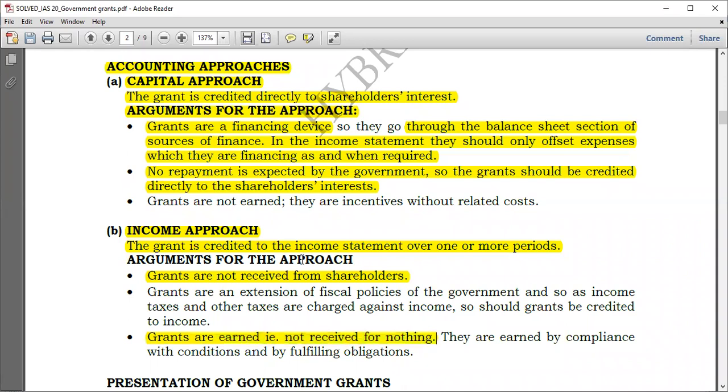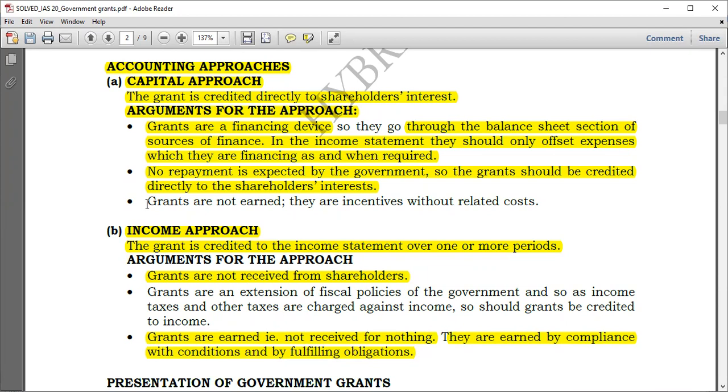Here it looks like you just received something and did not pay anything, right? But we are told that they are earned, not received for nothing. They are earned by compliance with conditions and by fulfilling the obligation. There are conditions you have to fulfill to have the grant. That's why if you fail to fulfill the conditions, you have to repay the grants, right?